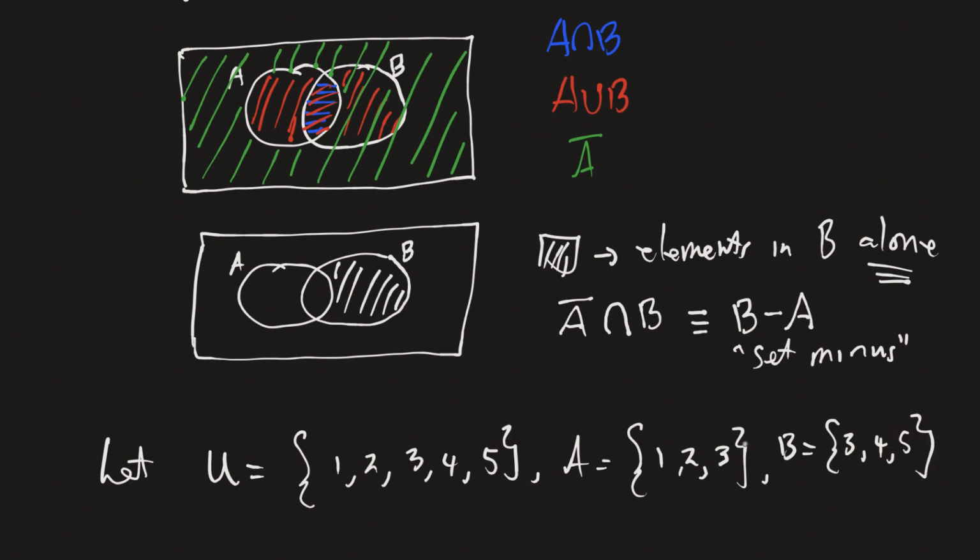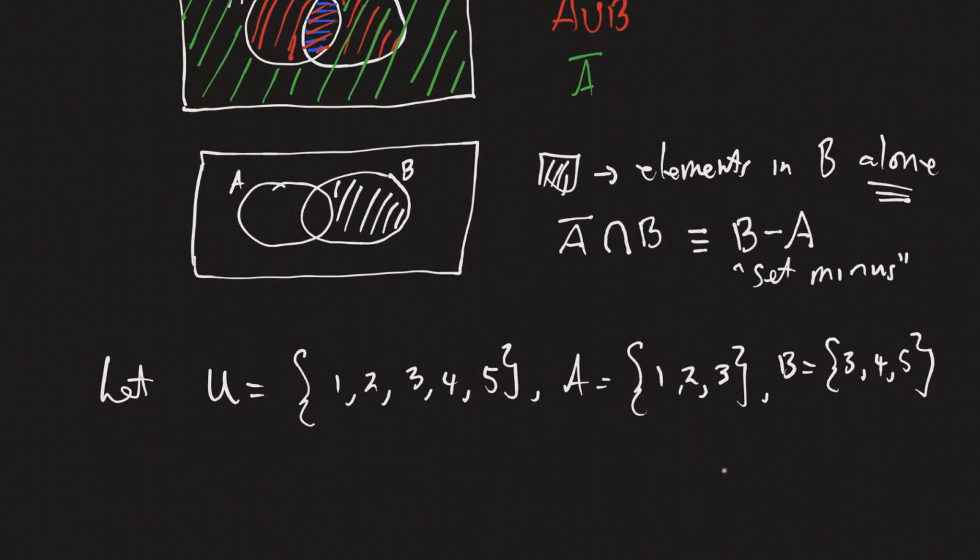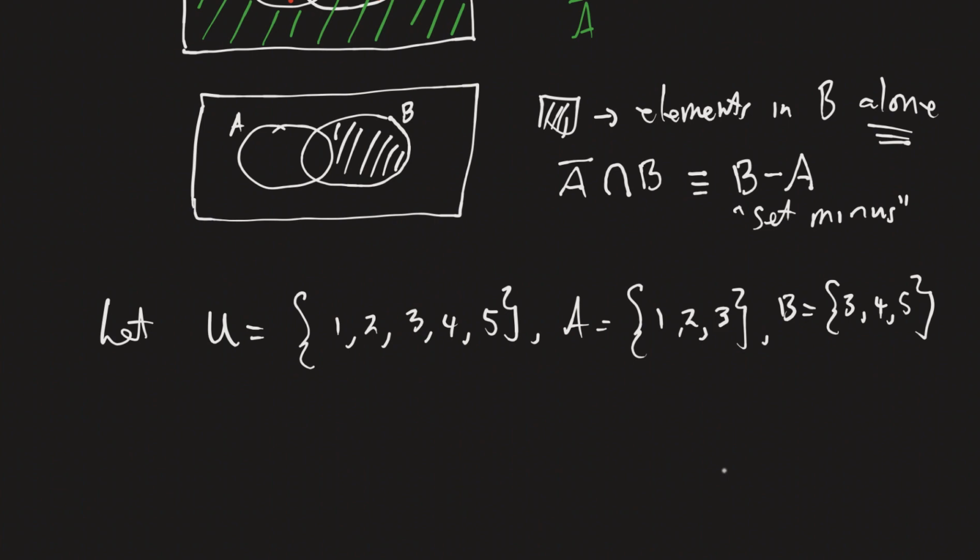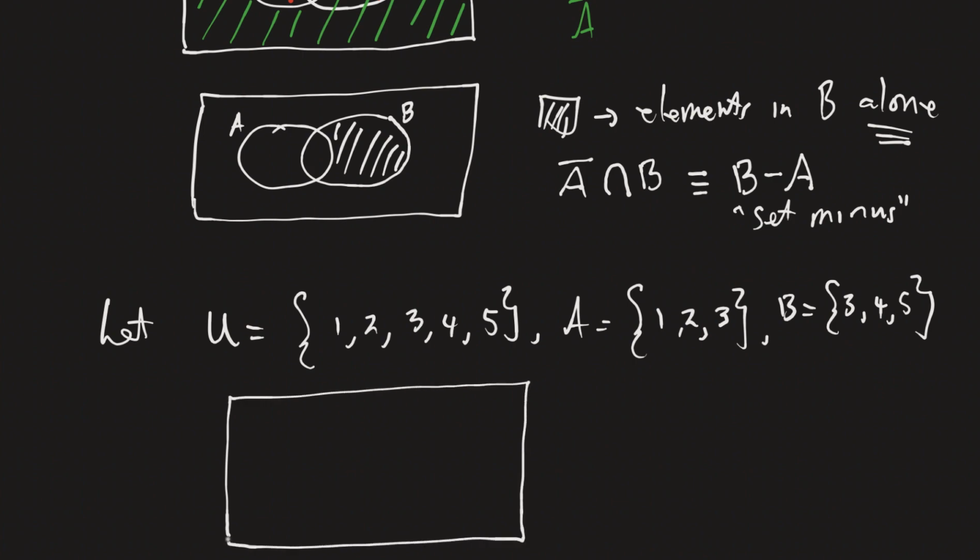So maybe you see what I'm doing here. But let's say this is my universe and these are the two sets. Well, if you want to visualize this in the form of a Venn diagram, I am going to do this.